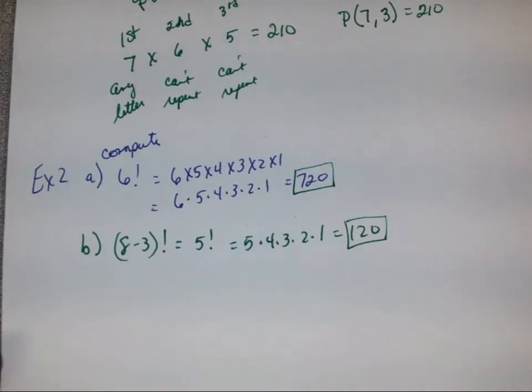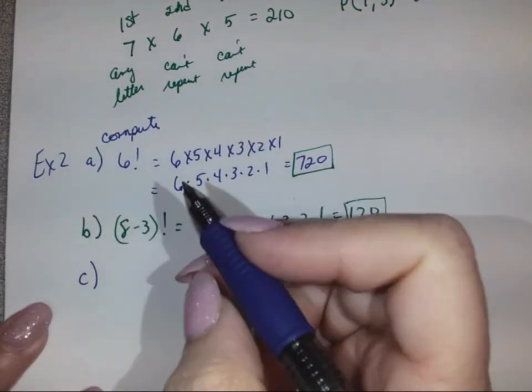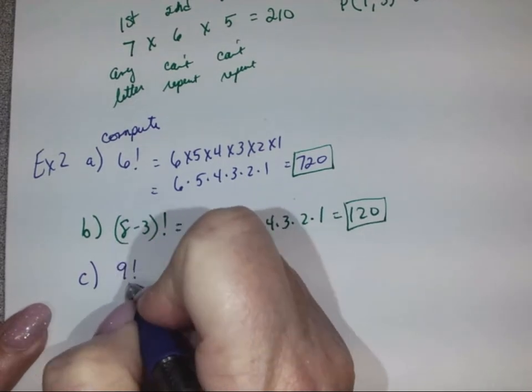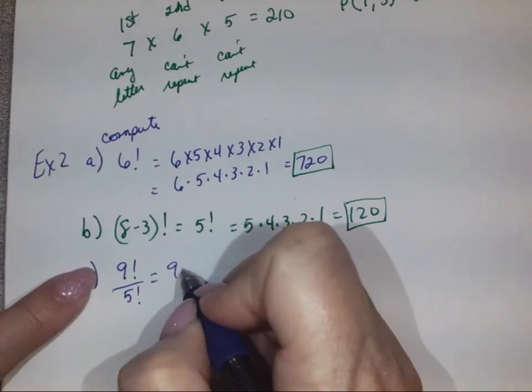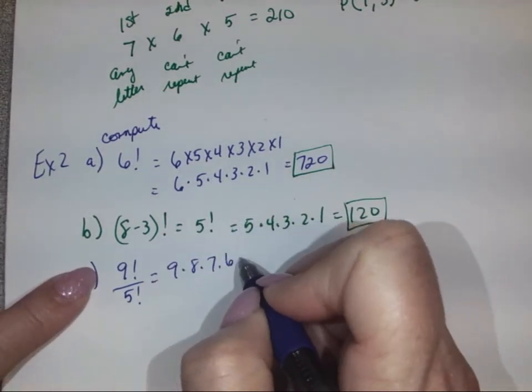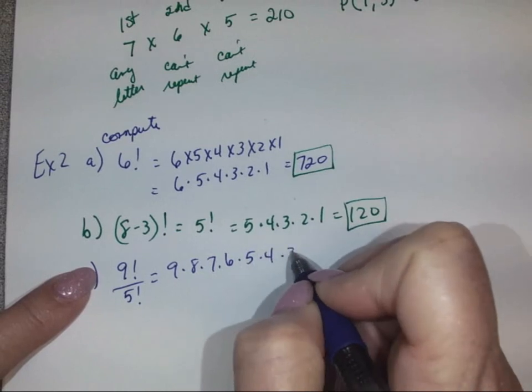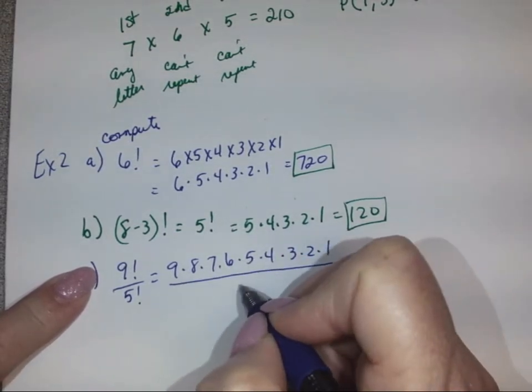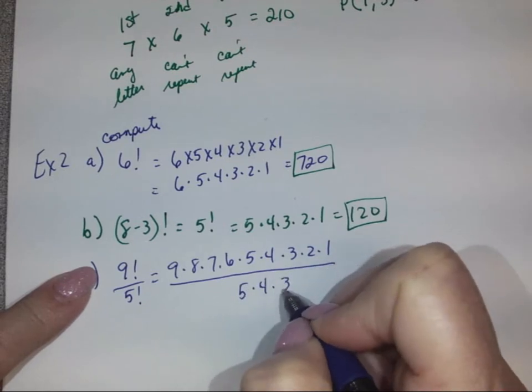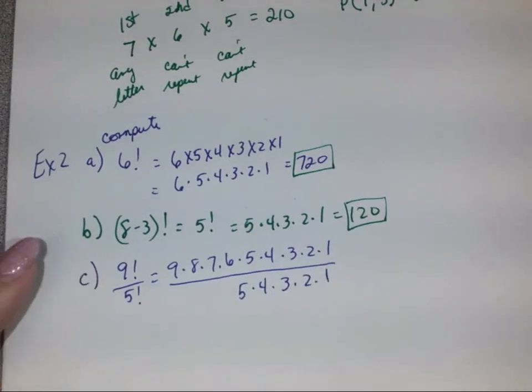All right, let's go look at part C. If we have 9 factorial over 5 factorial, on the top we would have 9 times 8 times 7 times 6 times 5 times 4 times 3 times 2 times 1. And on the bottom I have 5 times 4 times 3 times 2 times 1.